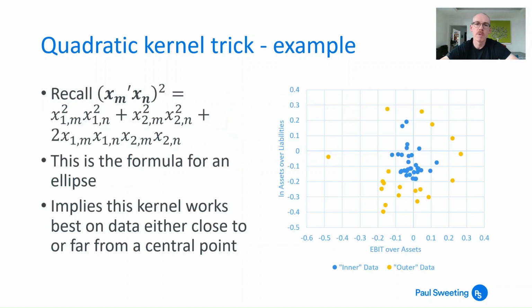So here's an example of the quadratic kernel trick. Now, as we said before, that kernel, if you expand out xm transpose xn all squared, you get this formula here, which is the formula for an ellipse, which implies that this kernel works best on data which is either close to or far from a central point, which is not ideal for credit modelling.